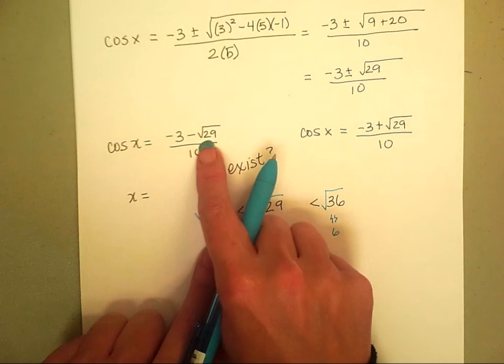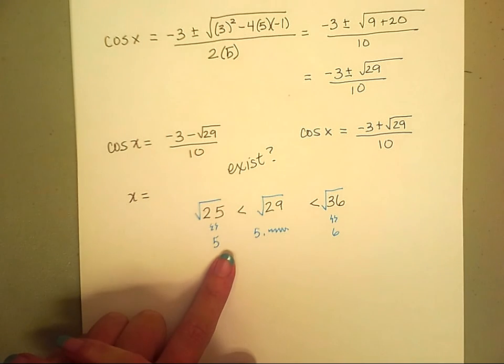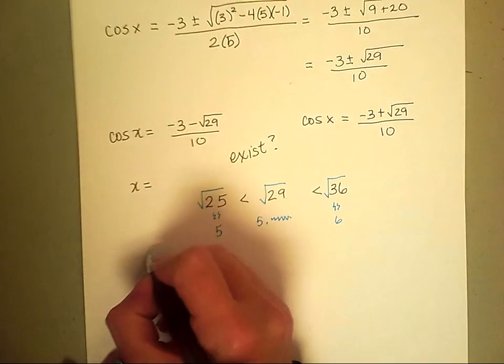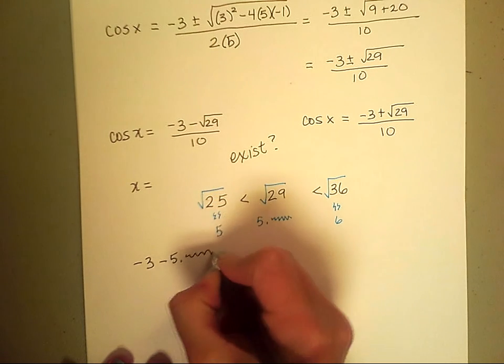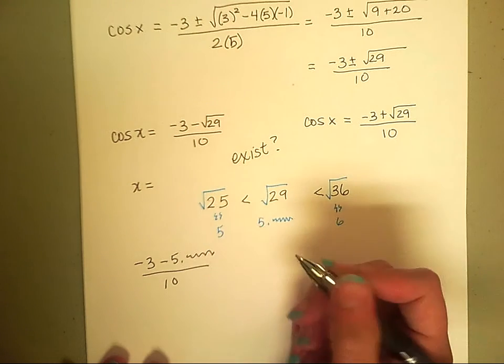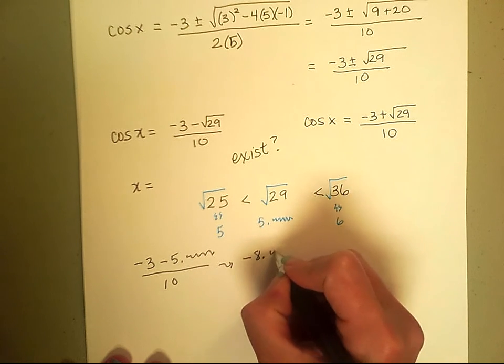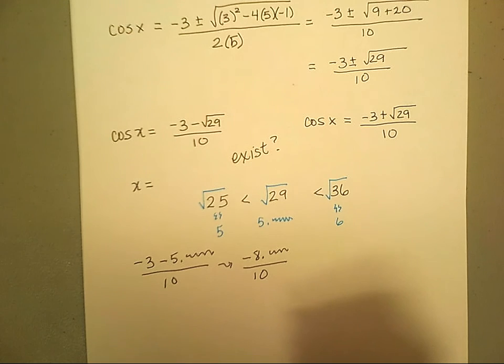That is, for the square root of 29, we are subtracting a number that's 5 point something. So let's think about that. Negative 3 minus 5 point something, divided by 10, is going to be negative 8 point something over 10.